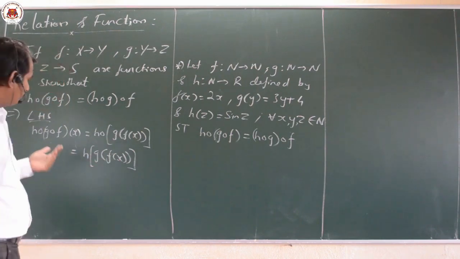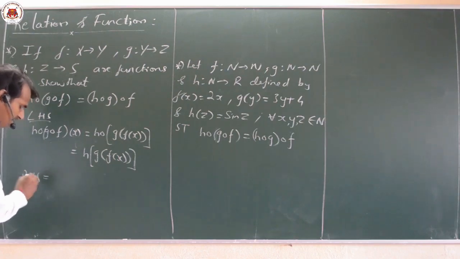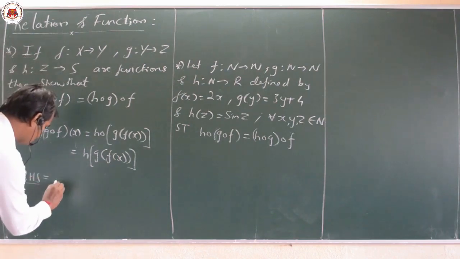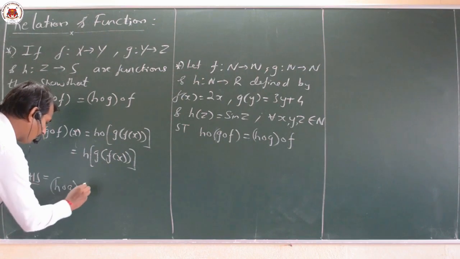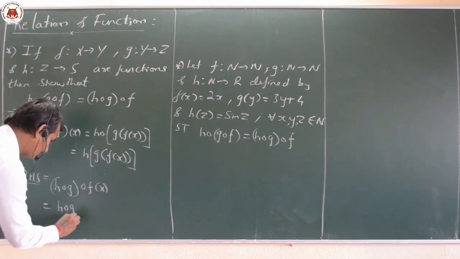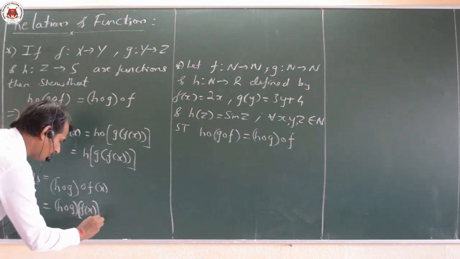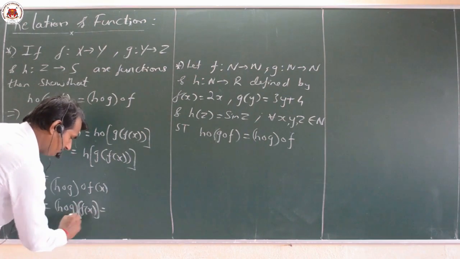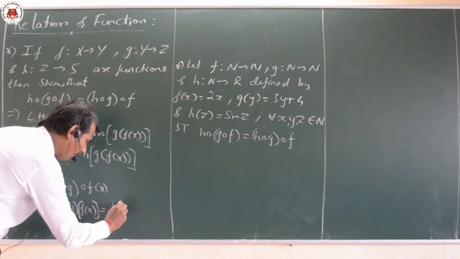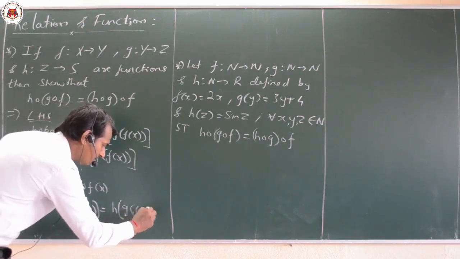Now in the same manner we shall look at the RHS. What is this RHS value here? It is a very simple proof. That is h of g of f of x. So here it is nothing but h of g of f of x, which is equal to h of g of this particular value, that is nothing but f of x.